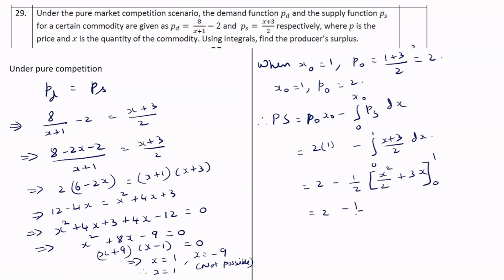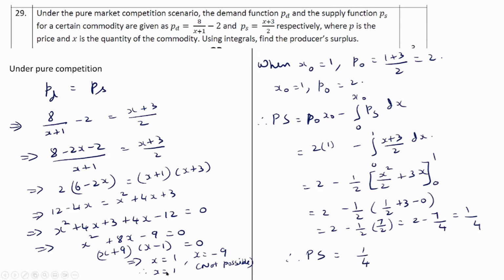So it is 2 minus half into half plus 3 minus 0. It is 2 minus half into 7 by 2. Now this is 2 minus 7 by 4. It is 8 minus 7 by 4, 1 by 4. Therefore, producer surplus equal to 1 by 4.